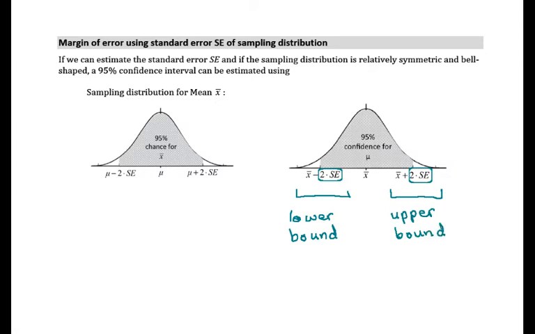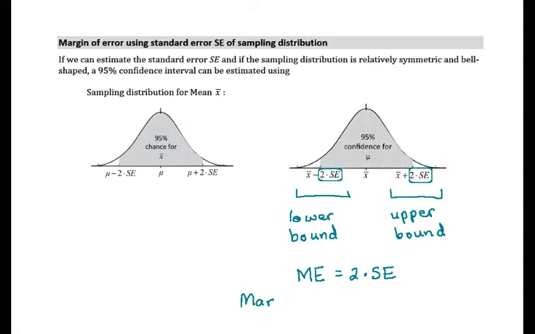And we can see based on that that it makes sense to say that the margin of error, which we call ME, is equal to 2 times the standard error, which we refer to as SE.